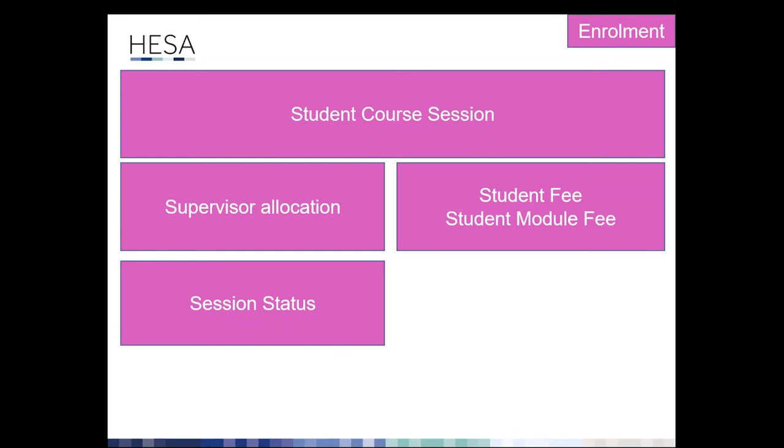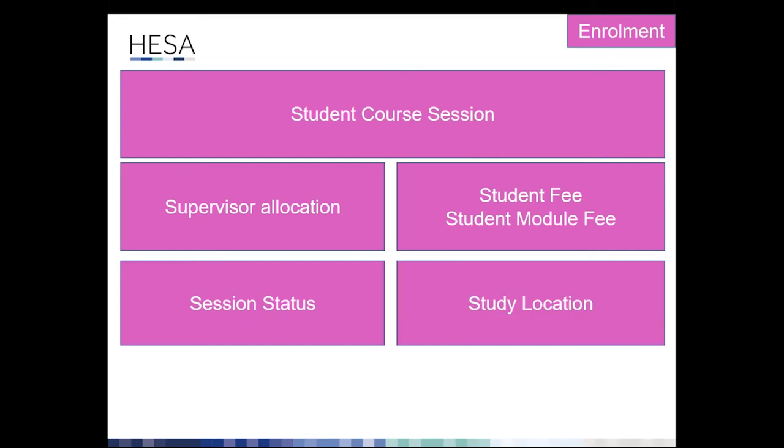The next one is the study location. We know that at a course delivery, we have a course delivery venue, and that's where that course delivery is being delivered. However, it might be that you have courses that are delivered at more than one location, or students could be taught at location A or location B, or it's split between two within the year.